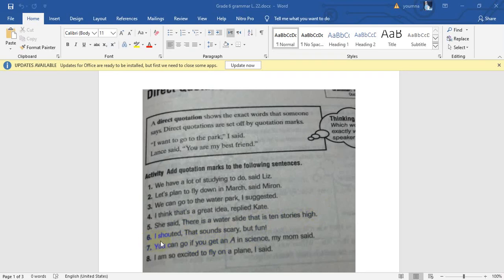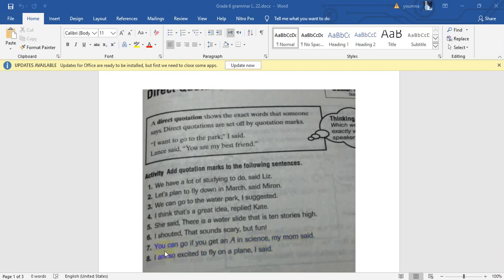Number 6, I shouted, "That sounds scary, but fun!" So after the comma you will open a quotation mark and after the exclamation mark you will close the quotation mark. So here, "You can go if you get an A in science," my mom said.